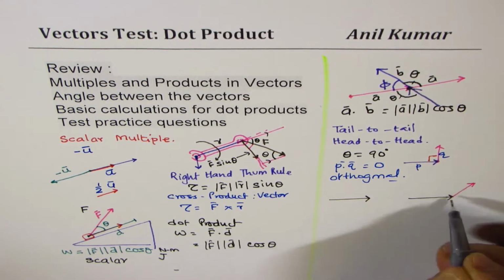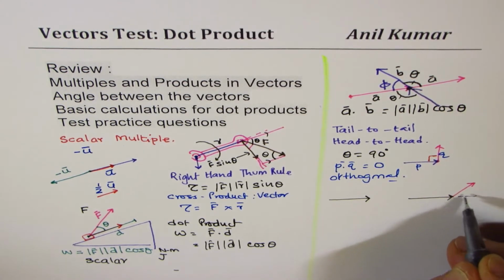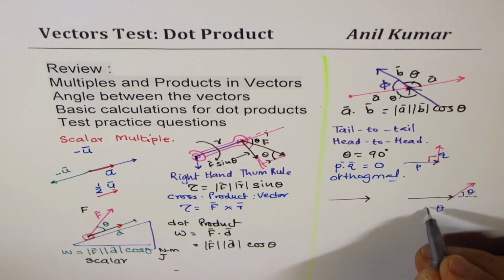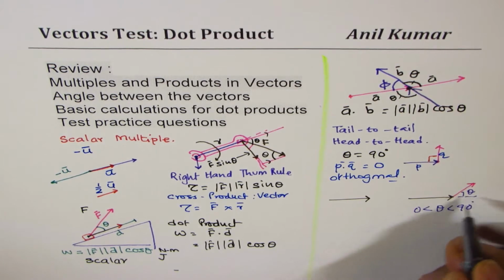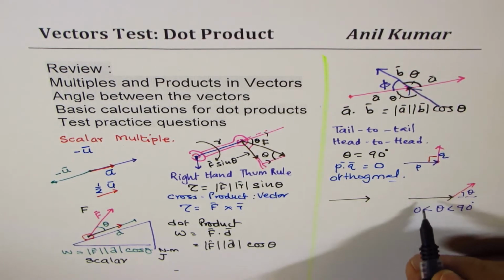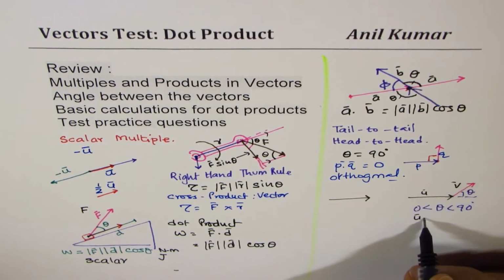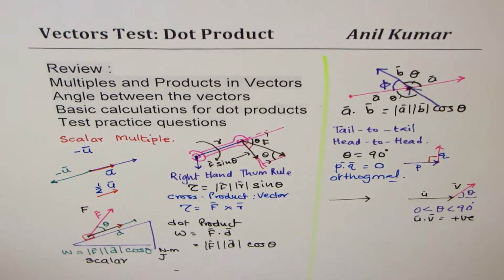It helps to move it in that direction. The angle between them will be this angle theta, and you can see that angle theta is greater than 0 and less than 90 degrees. So in this case, if I have vectors u and v, then u dot v is going to be positive. Is it okay?